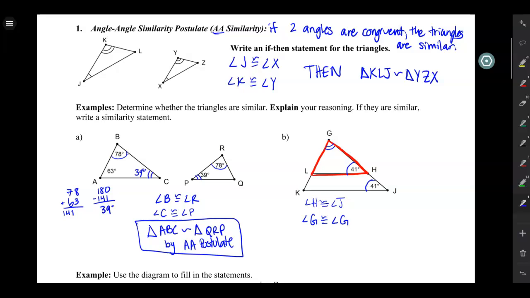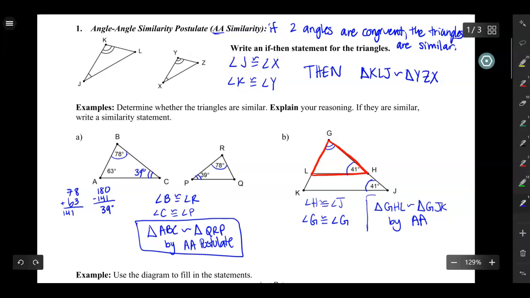So since I found two pairs of congruent angles, I know that triangle GHL is similar to triangle GJK by angle-angle, and you can just write by AA. So those two triangles are similar.